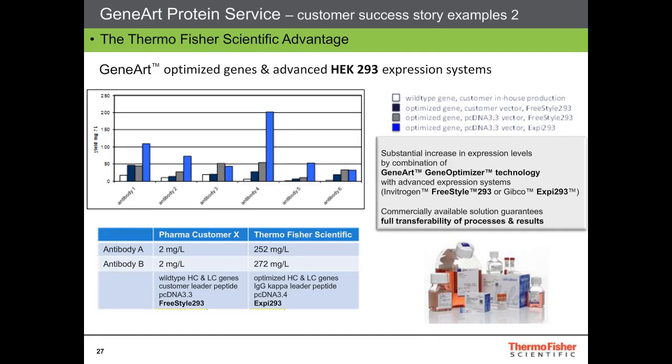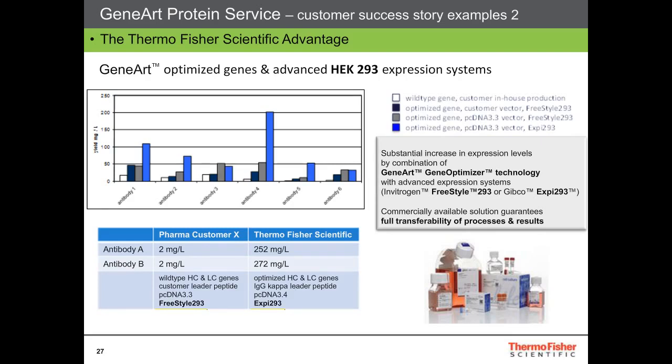However, the customer was using wild-type heavy and light chain genes, he was using an endogenous leader peptide, although he was already using our quite good Freestyle 293 system and the corresponding expression construct.